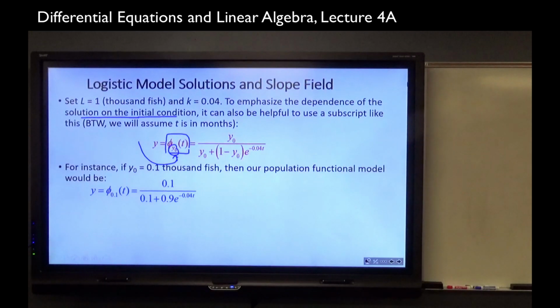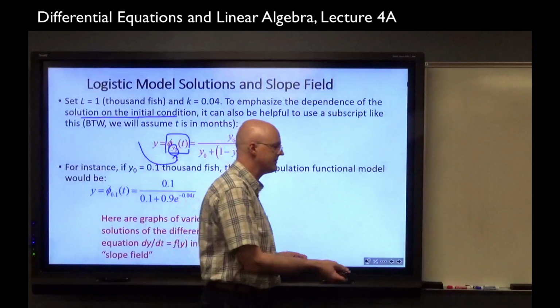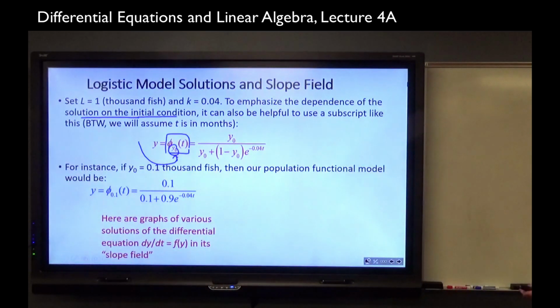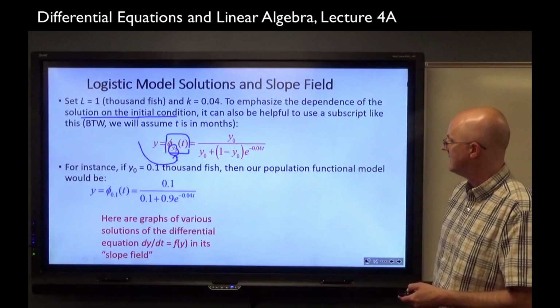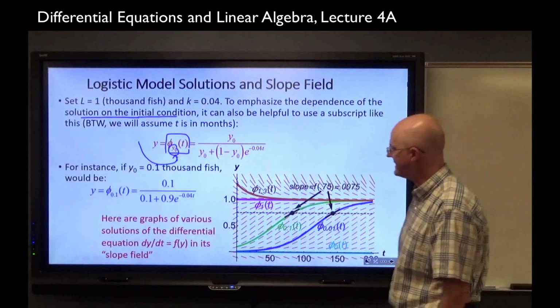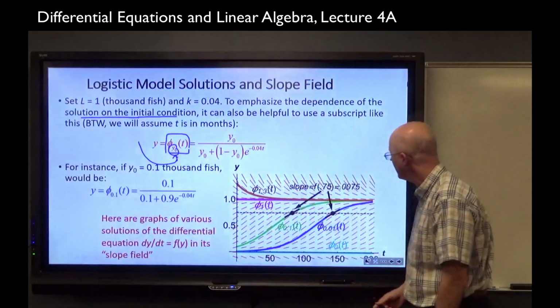And I could graph this function. And I could graph it in the slope field. Now, I introduced the idea of the slope field last time. We're going to continue talking about slope fields here in this lecture and even in the next one. It looks like this. In a quick nutshell, I'm going to show you a couple more examples of slope fields as well.